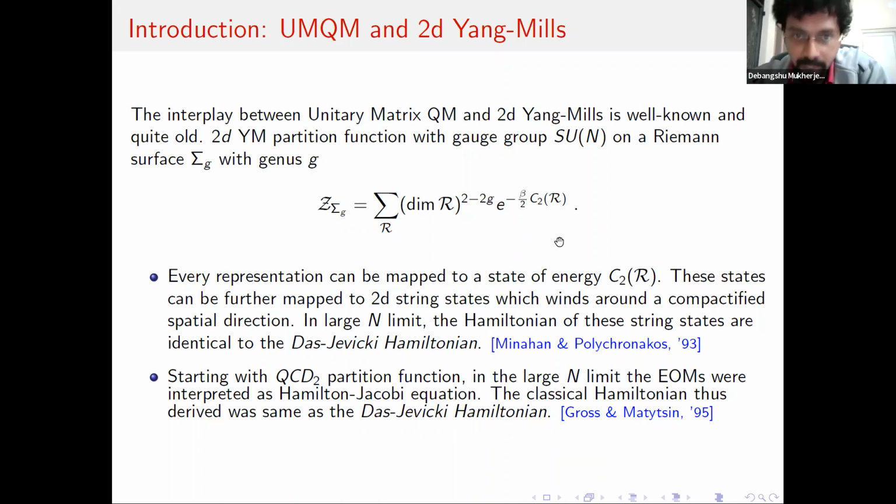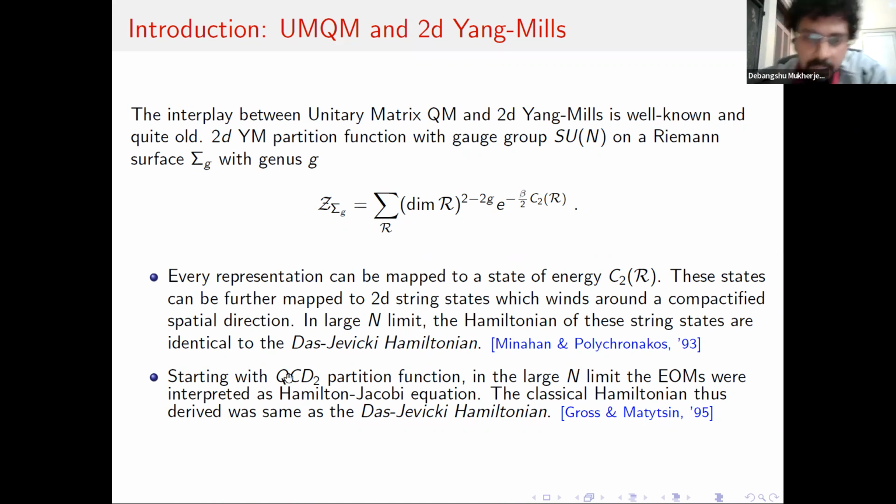In the large N limit, they showed that the governing Hamiltonian of these string states is identical to what is known as the Das-Jevicki Hamiltonian. I will come to what the Das-Jevicki Hamiltonian is, but for now this is just to motivate the connection, the interplay between unitary matrix quantum mechanics and 2D angles.